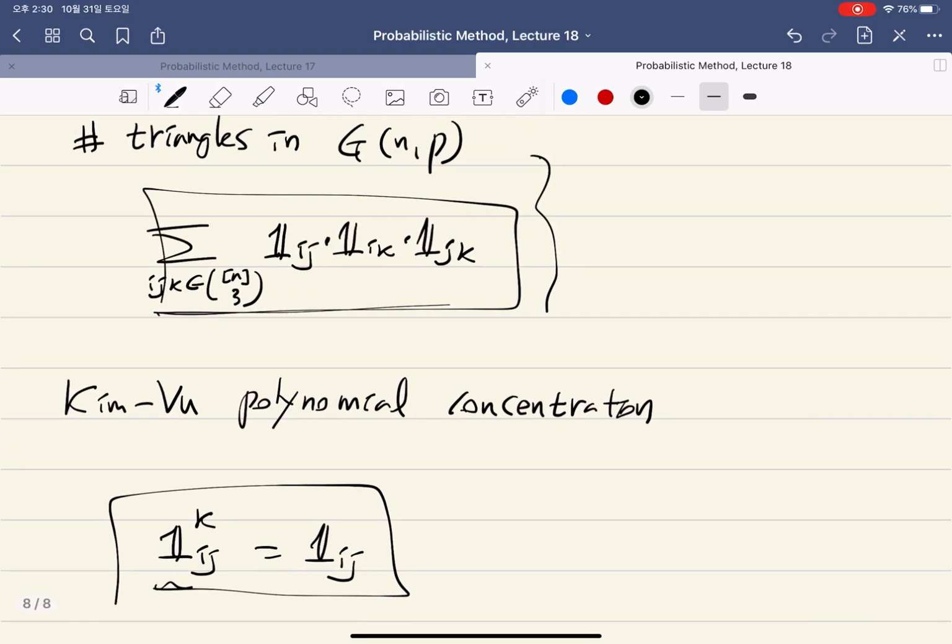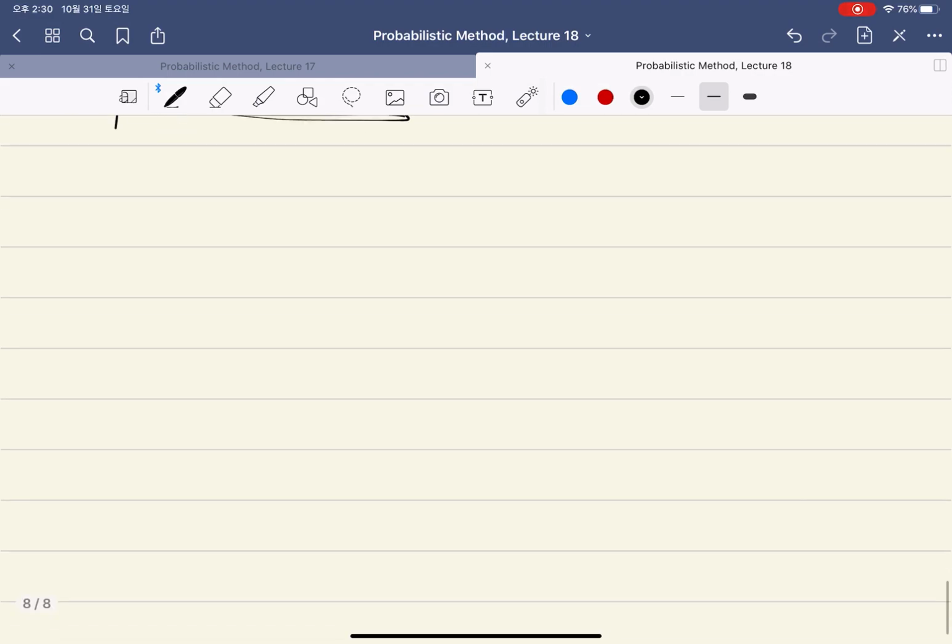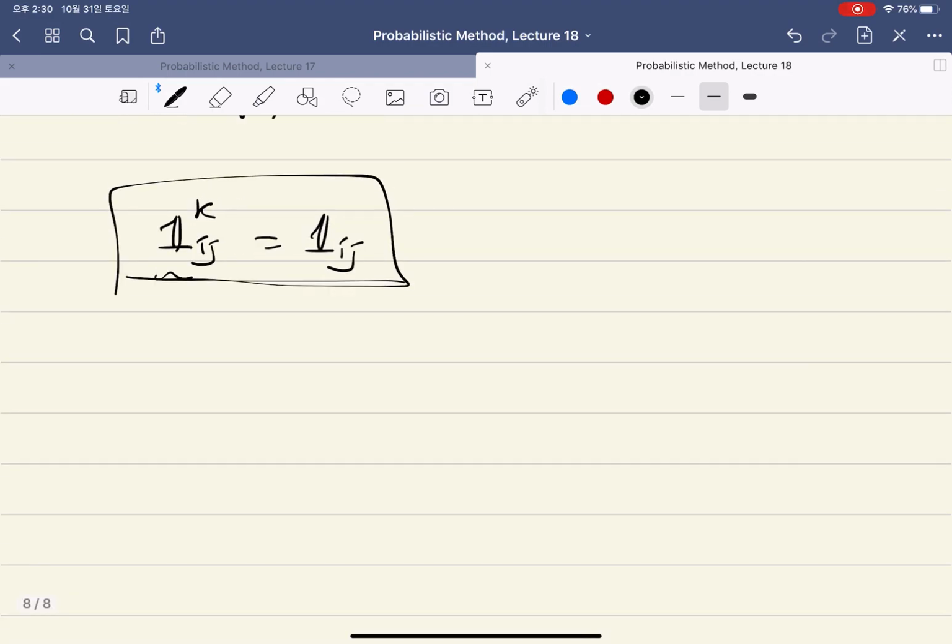So because of this, we can consider only multilinear polynomials, whose monomials are a multiplication of distinct variables, where each variable has power only 1. So let's consider the following setup.